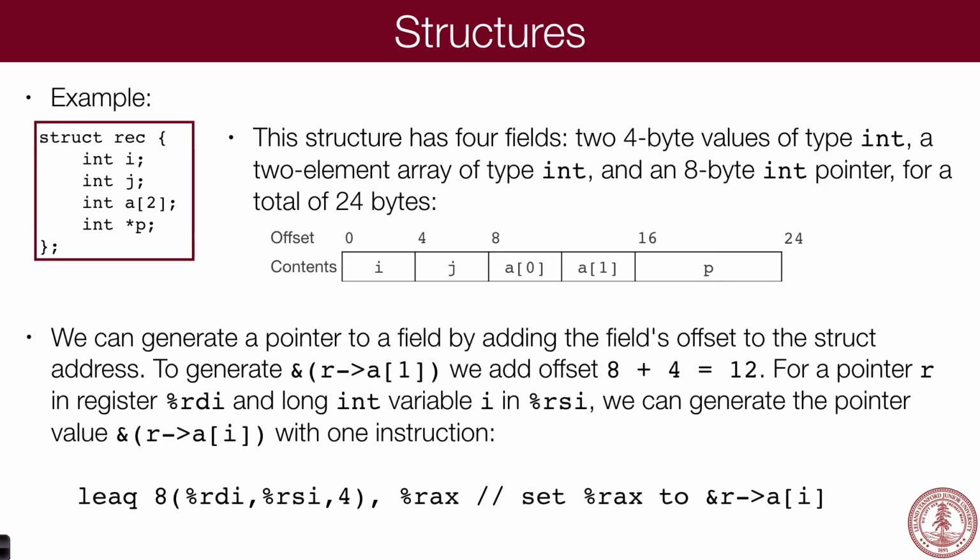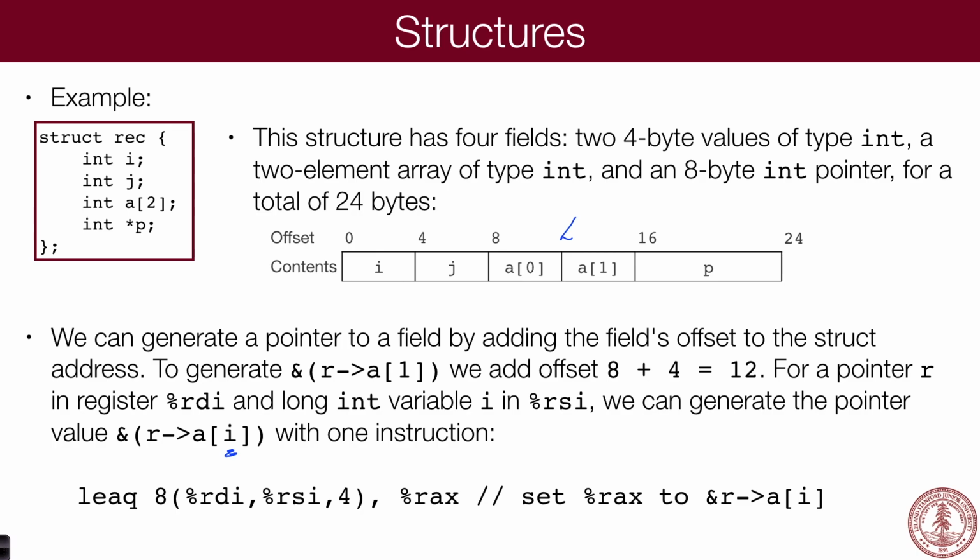In this case, the reason we had to do it this way was because we didn't know the I beforehand. If it knew it was looking for RA1, it would go straight to that one and put 12 there as the offset. It would calculate that ahead of time. But in this case, it says, I don't really know what it is, but I do know that int arrays are 4 bytes each, so I can scale it appropriately. Make sense? All right, good.